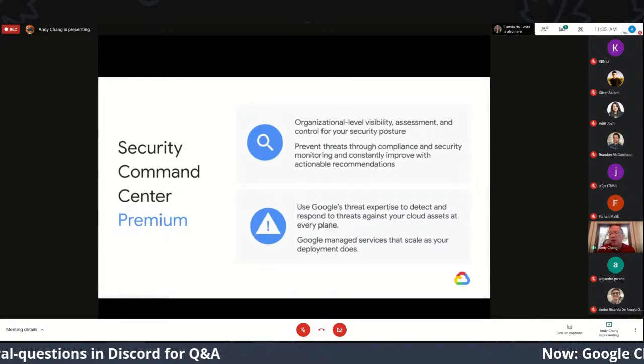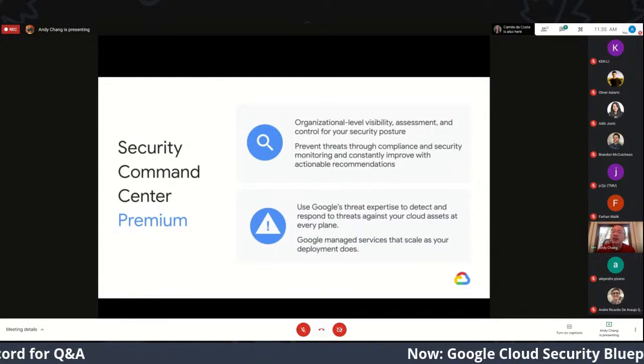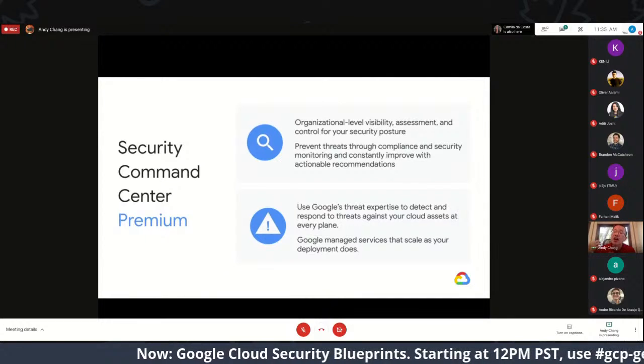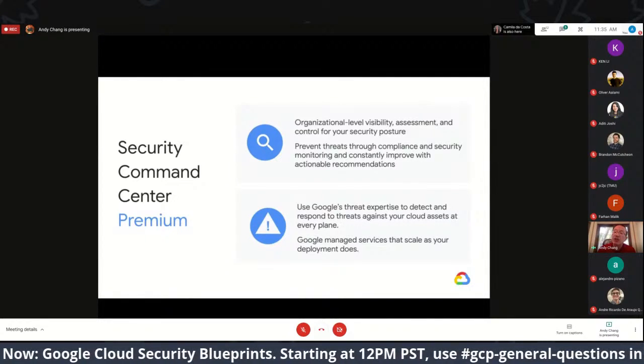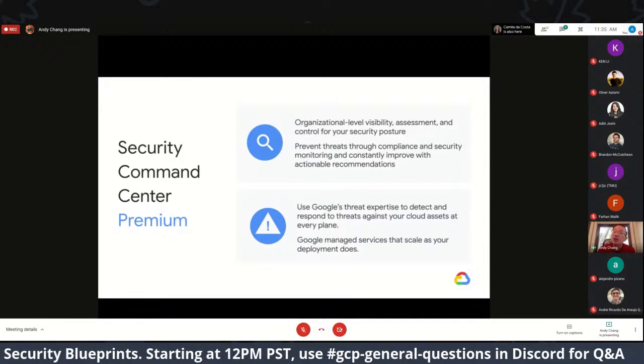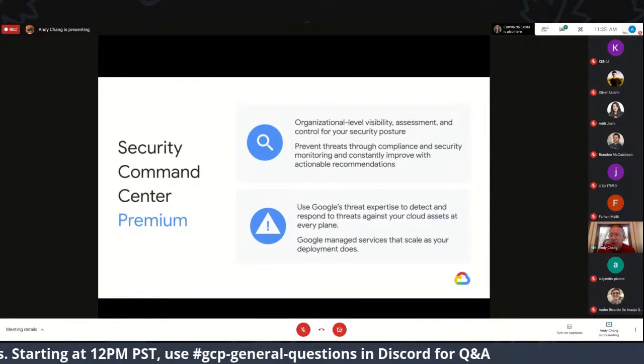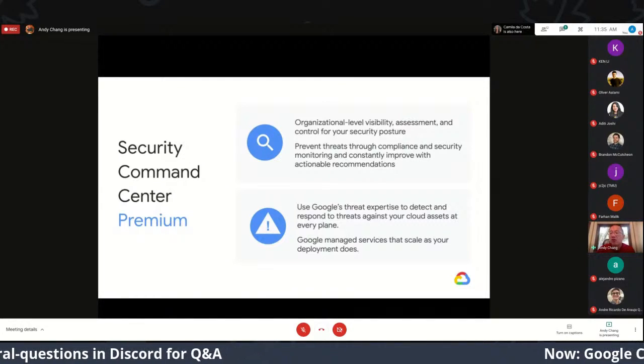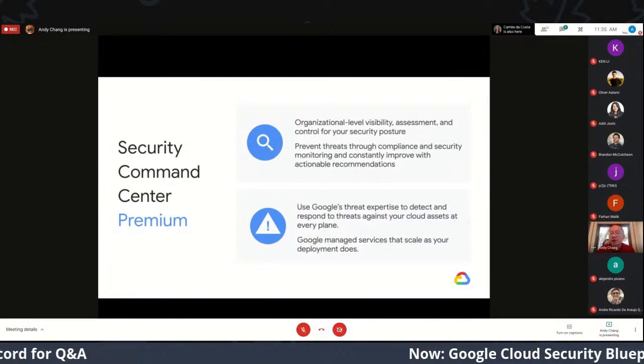As a part of the threat side, we naturally incorporate the threat expertise and threat intelligence that Google leverages, built into the Security Command Center, to allow you to detect threats against your own cloud assets. And since it's a Google operated service, it scales naturally as your deployment scales.